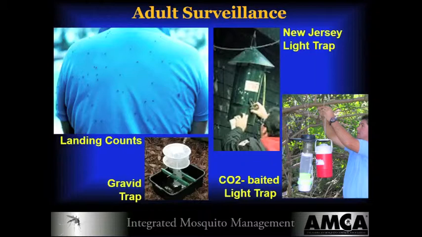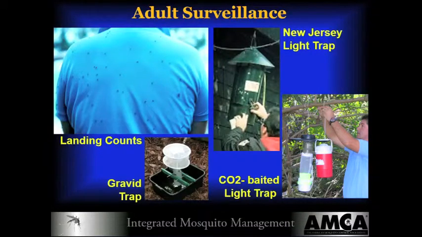There are certain traps, here again utilizing the knowledge of the biology of your mosquito, that can be used to capture them, to monitor the mosquito populations. One of these is a New Jersey light trap. As you can imagine, it was developed in New Jersey, and it just takes the mosquito's proclivity for going towards light and utilizes that against them.